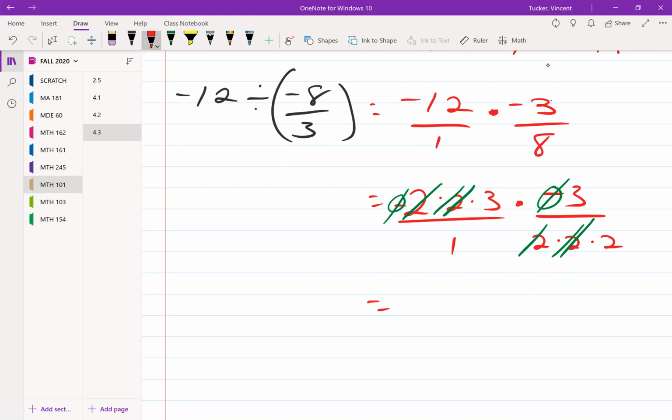And that leaves us with 3 times 3 on top, and just one 2 left on bottom. So that should be 9 over 2.